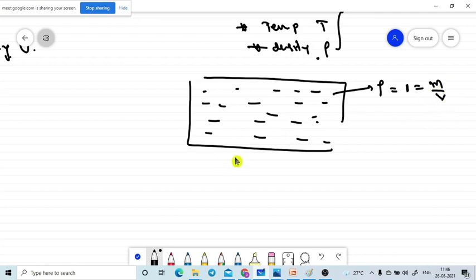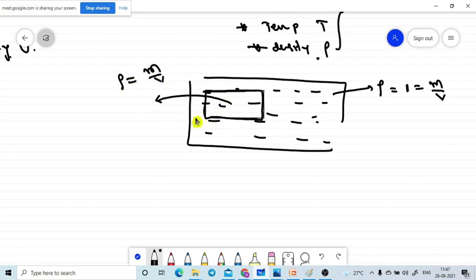Let me take one bigger size area. I am calculating the density of the gas in this system, with the assumed volume portion. So the density rho is equal to mass by volume.